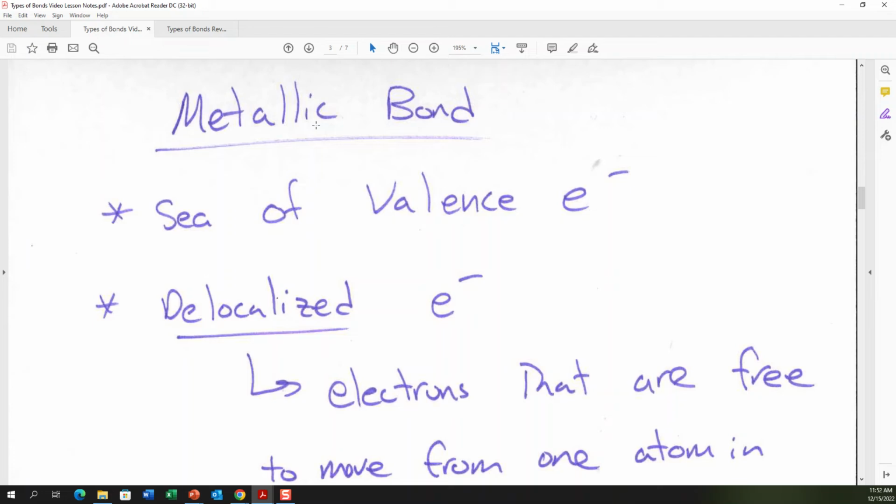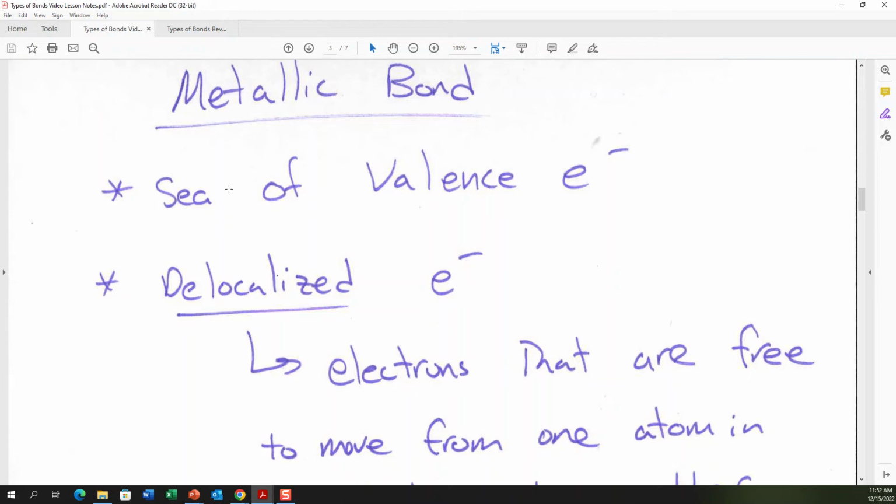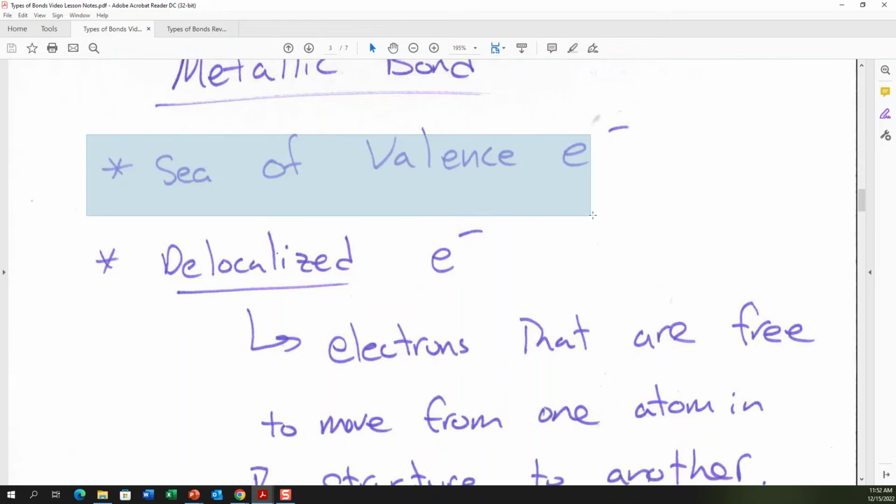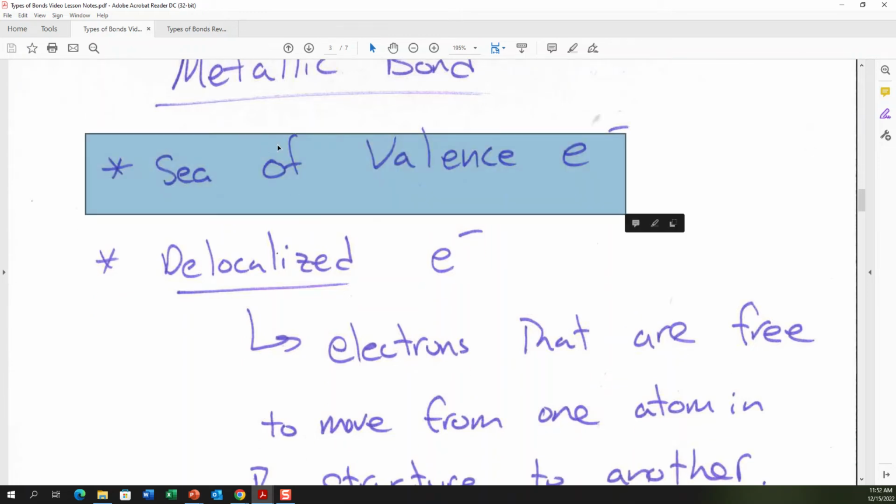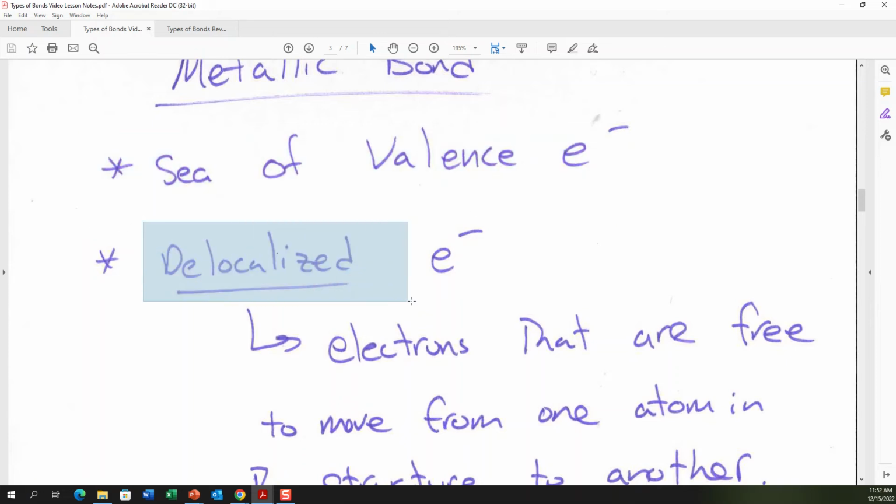Same idea. But in a metal structure, all right, the valence electrons of a metal, and it's not just the valence electrons, a lot of the d electrons that these metals have are free to move. All right. So the way we describe a metallic bond is a sea of valence electrons. Now, really, what that means is they're delocalized.